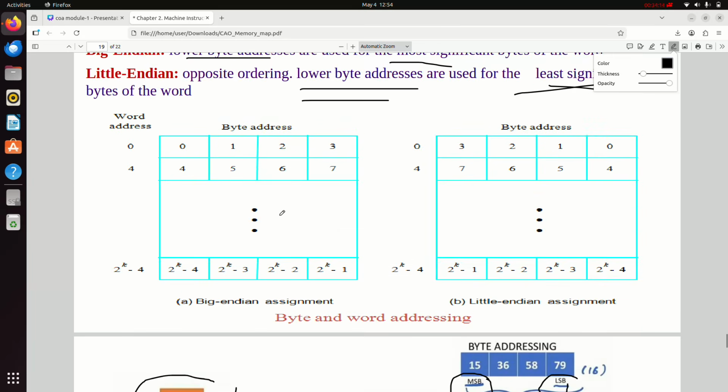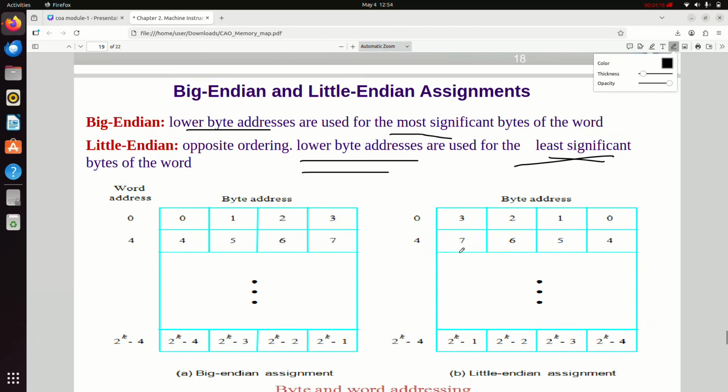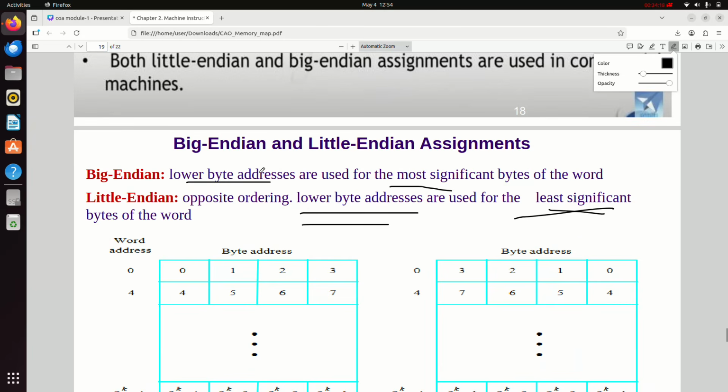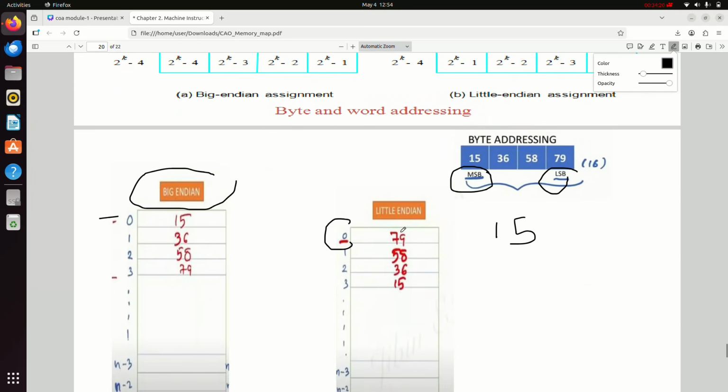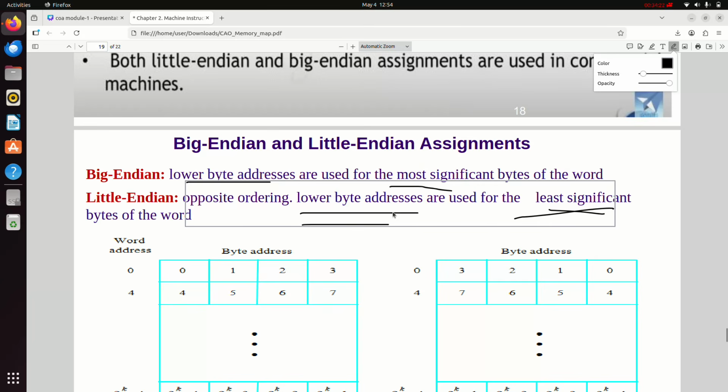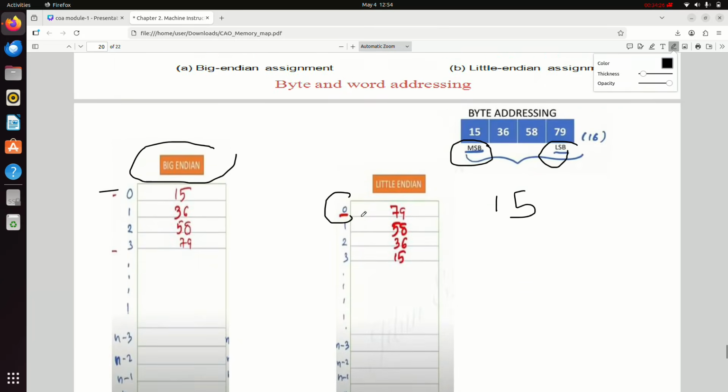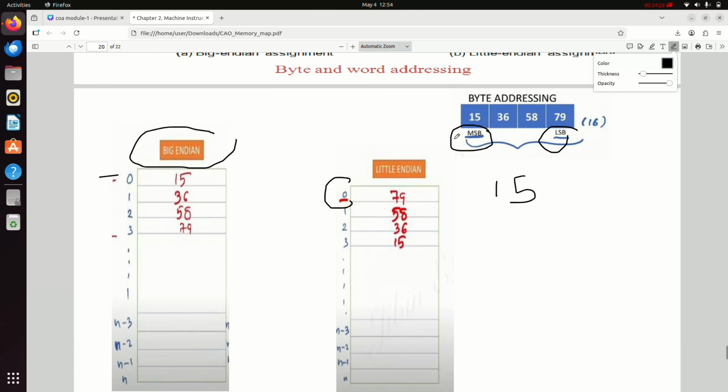Big endian means the most significant byte we write in the lower byte address. The most significant byte is 15, so 15 we write in the lower byte address in big endian. So 15, 36, 58, 79, like that it will go.